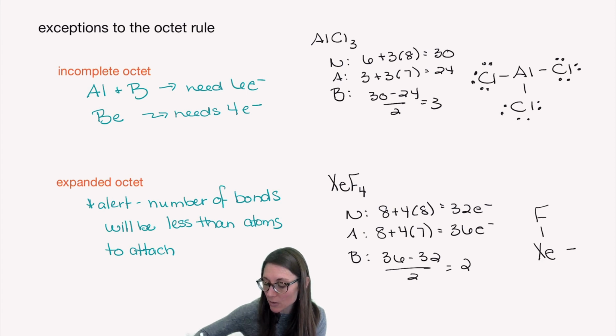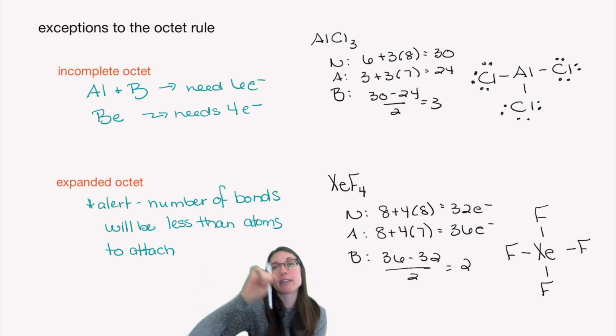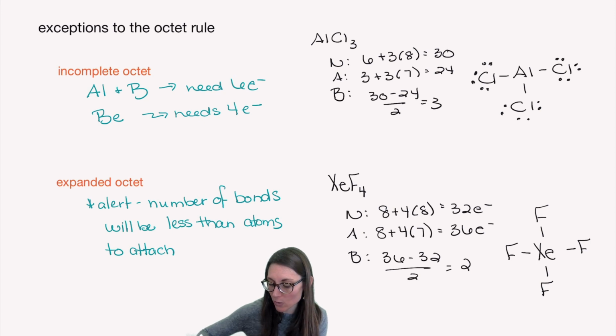You will still draw a bond, a shared pair of electrons, between the central atom and every atom that is covalently bound to this molecule. And then you're going to count your electrons. I have 36 available electrons. I have to use 36. I have already used 8.